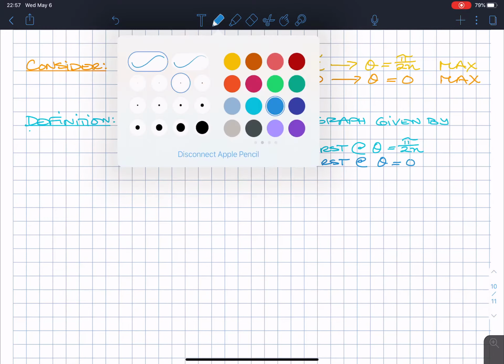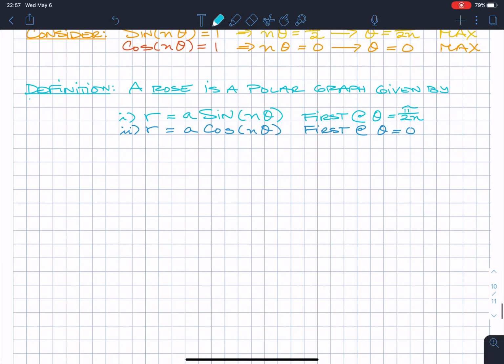Where we have the following. A is the petal length. And let's do n first, so the number of petals.